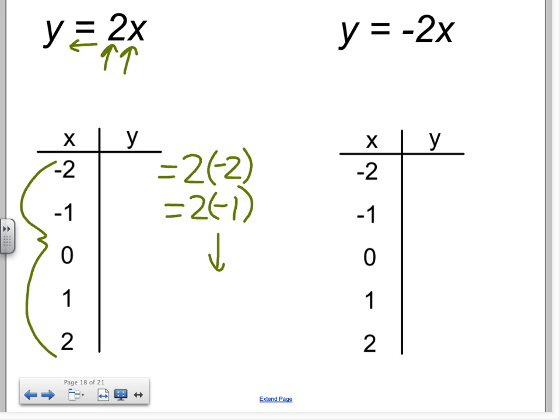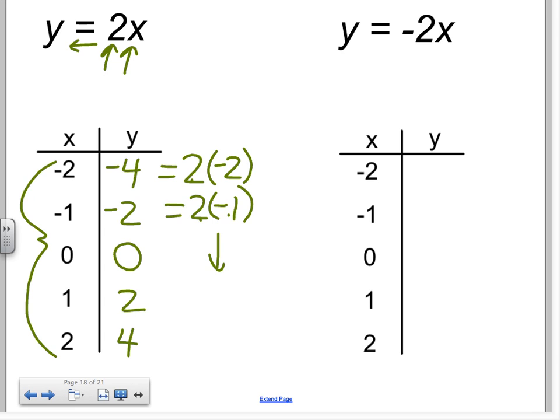Most of you could probably do this in your head. -2 times 2 is -4. -1 times 2 is -2. 0 times anything is 0. 1 times 2 is 2. And 2 times 2 is 4.